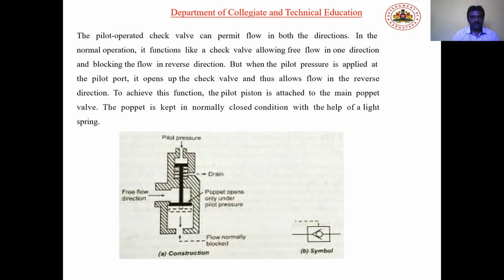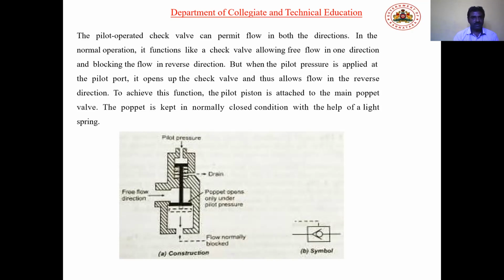Coming to the working, the pilot operated check valve can permit flow in both the directions. In the first valve, we have seen that flow is blocked in the opposite direction, but the pilot operated check valve allows flow of fluid in both the directions.